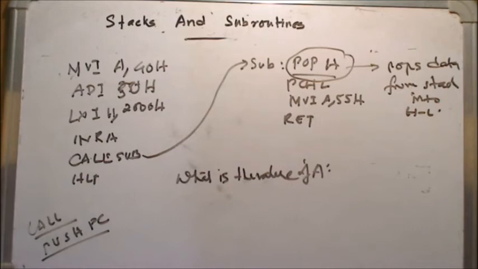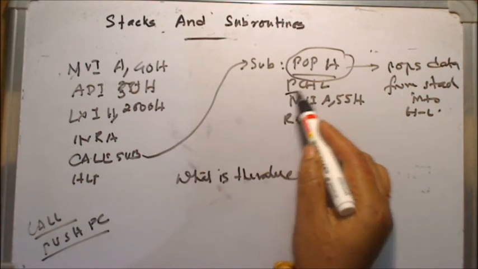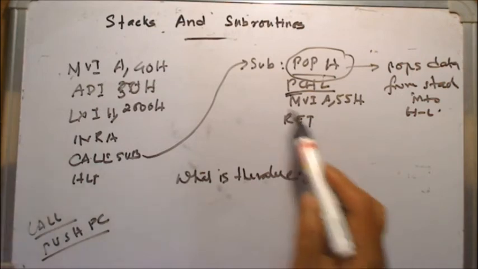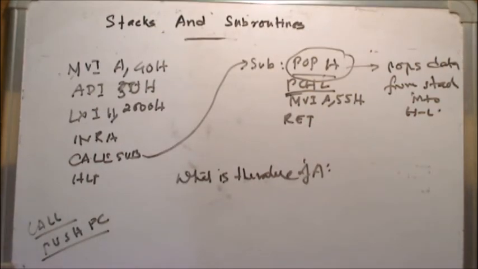Such a cute little instruction, but it is harmless. You think it is harmless, but it is not. After POP H, it has popped the data from the stack into the HL pair. Then you wrote PCHL. What does PCHL do?